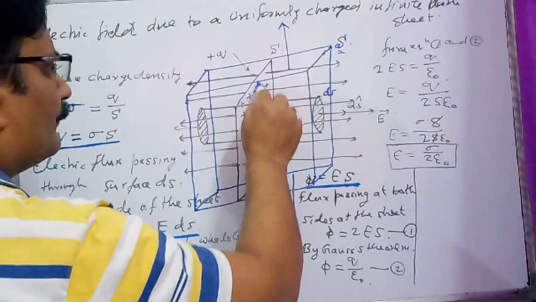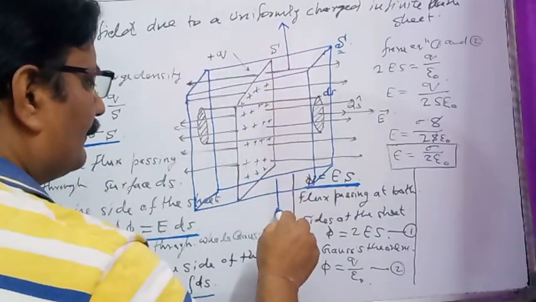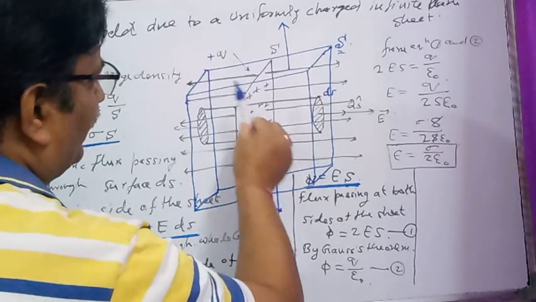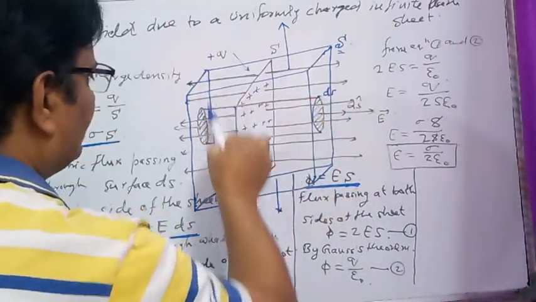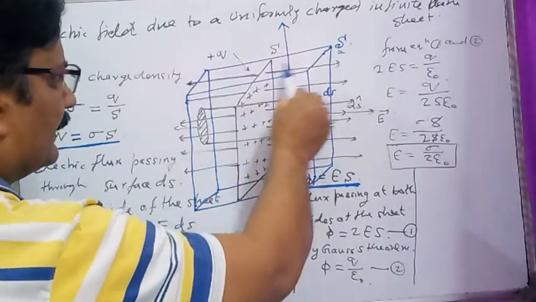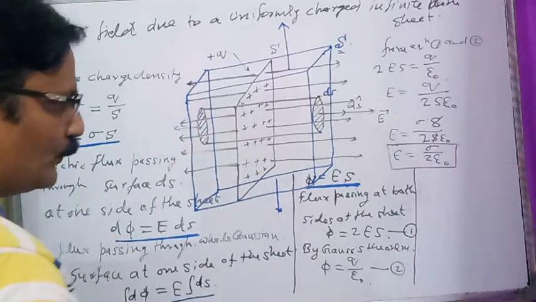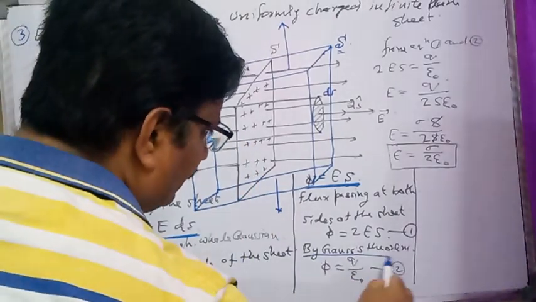That is why there is no flux passing vertically upward or vertically downward. So flux is passing through only two surfaces of surface area S, and this whole charge on the sheet is contained inside this closed surface. So this is an ideal case to apply the Gauss theorem.